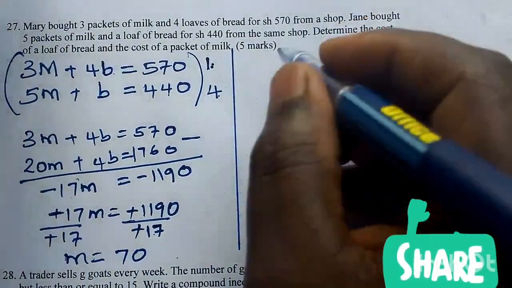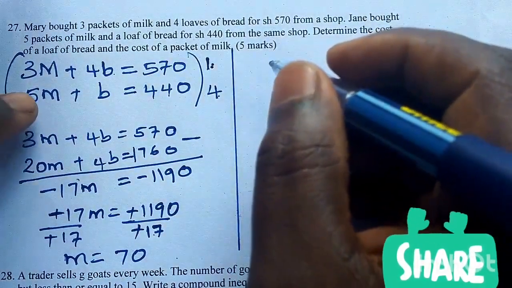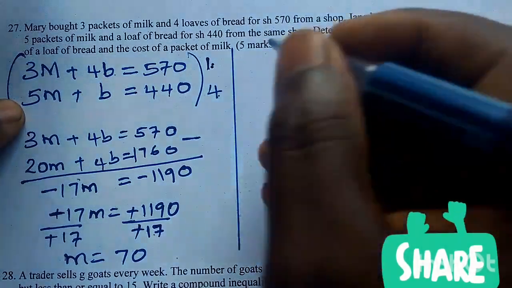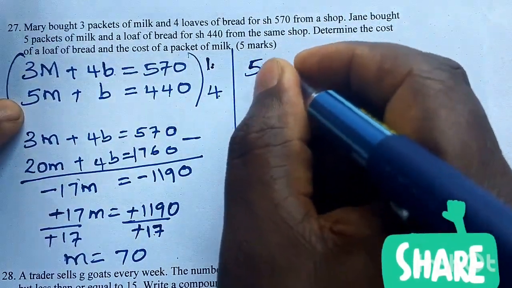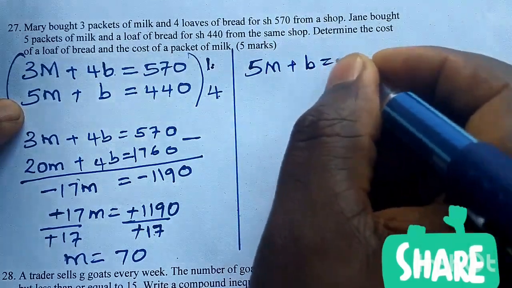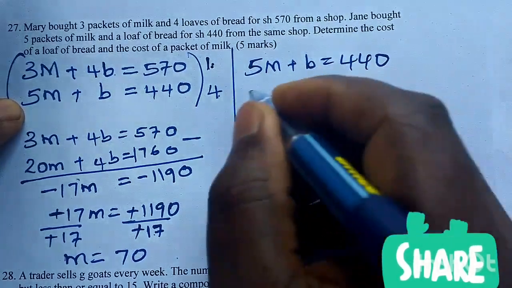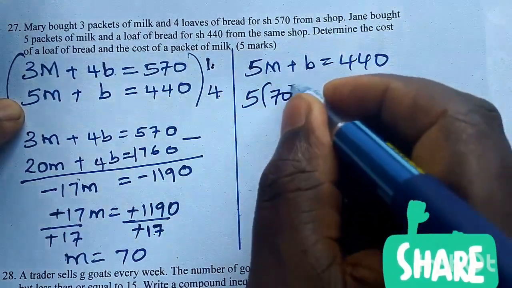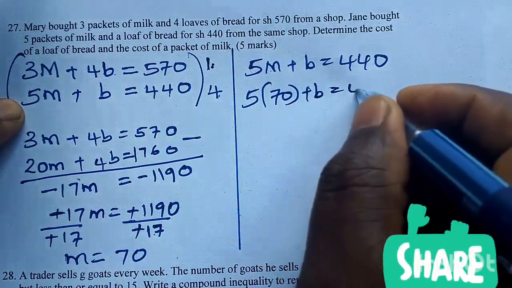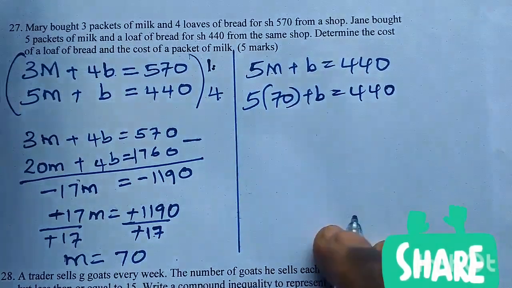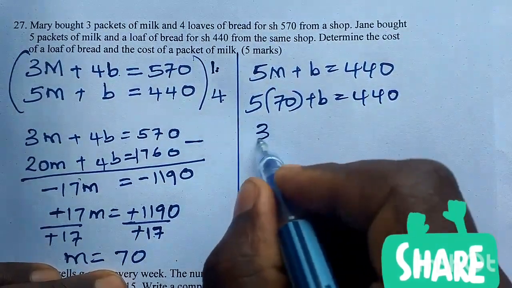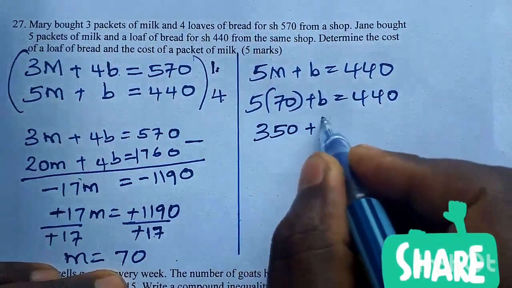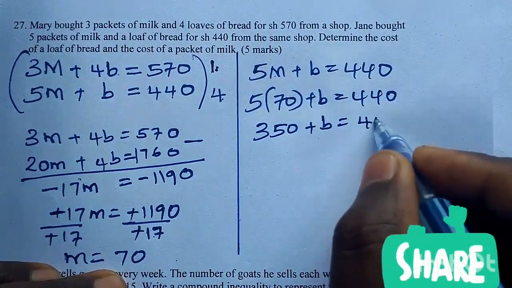Now we can substitute here at this one and get the answer. 5M plus B is equal to 440. Instead of M, we have 70, plus B is equal to 440. This is 350 plus B is equal to 440.